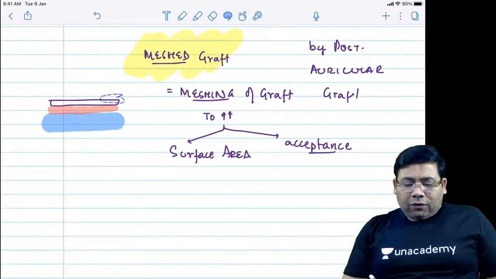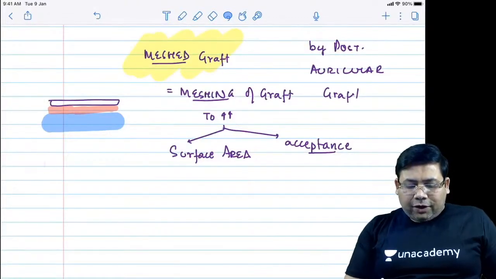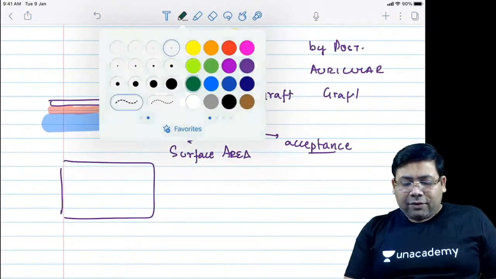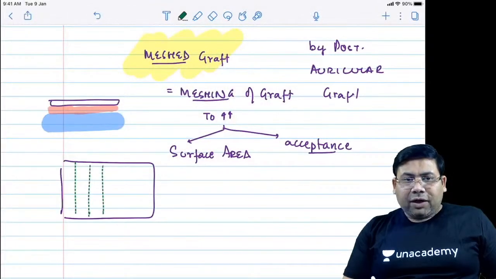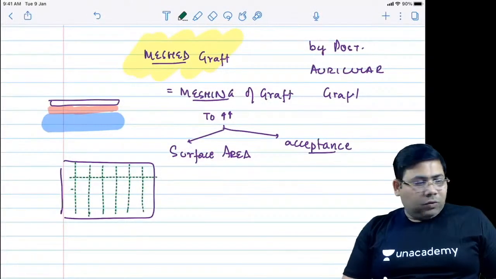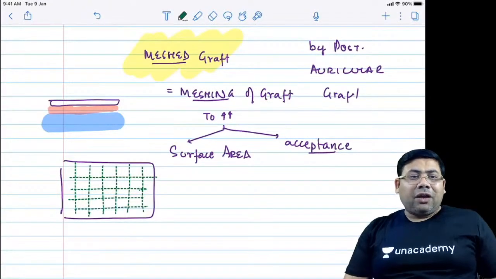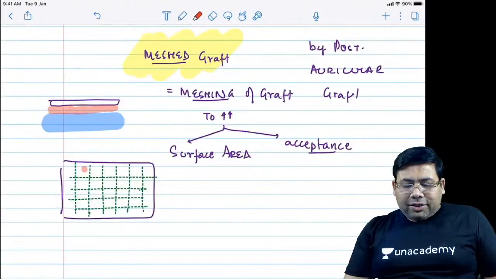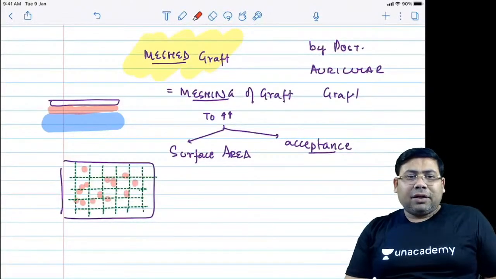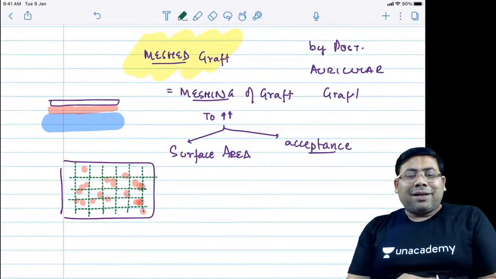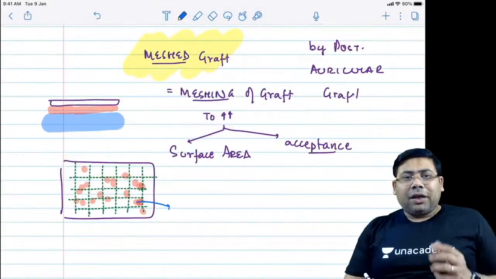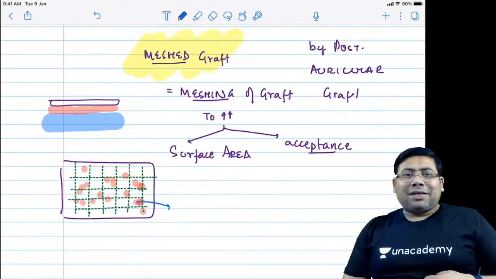So what will happen if I make meshes inside that graft? I'll make holes. The advantage of making holes is that any collection, even if it accommodates, will egress out. So there is increased acceptance.